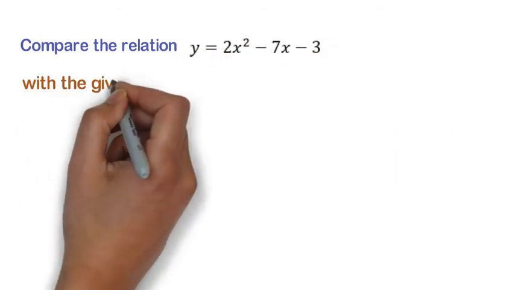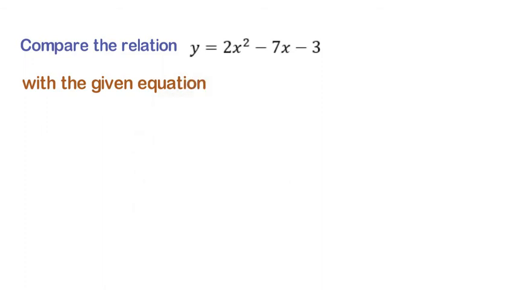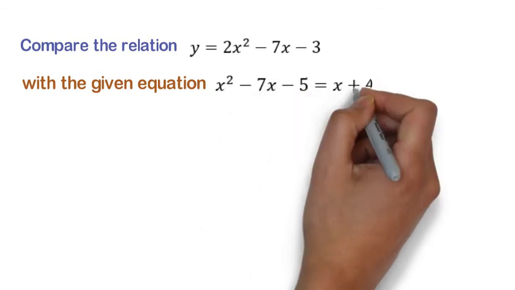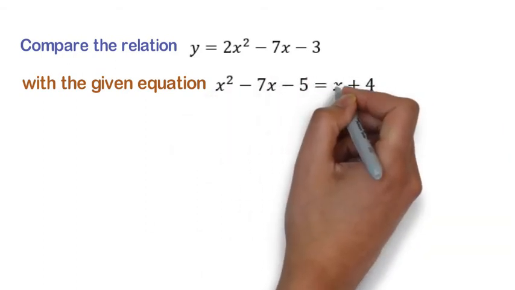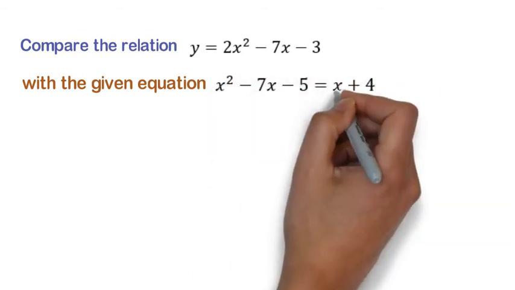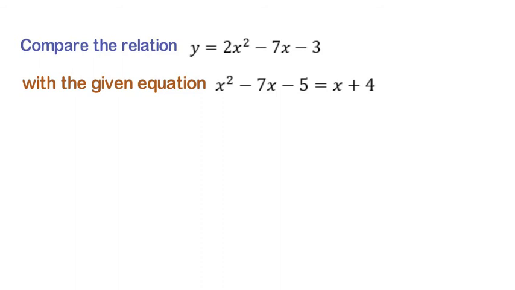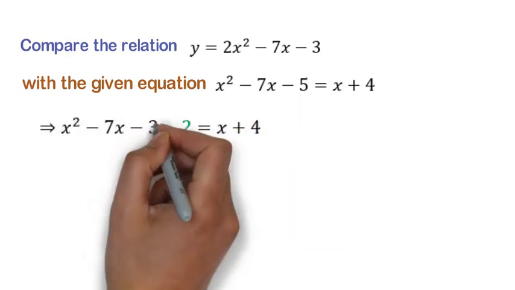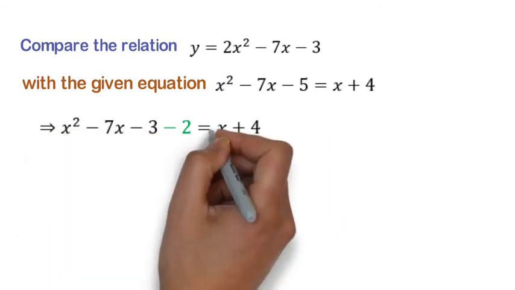By so doing, we have to sever. The only difference is that in the relation we have 2x squared minus 7x minus 3, but in the equation's left hand side we have 2x squared minus 7x minus 5. So that minus 5 we split into two by bringing out minus 3, it will remain minus 2.